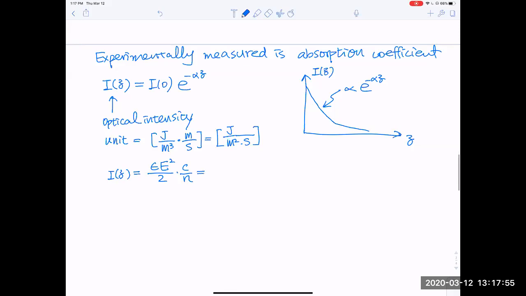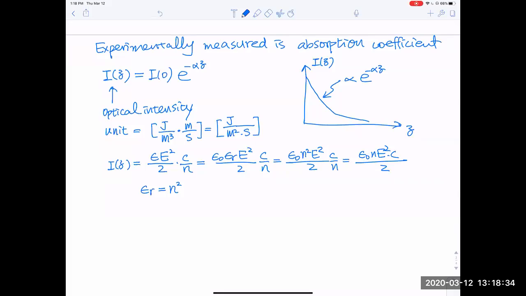Epsilon is epsilon 0 epsilon R, so it is epsilon E squared divided by 2 times C over n. For optical material, epsilon R, considering just the real part, is equal to n squared. Substituting, this becomes epsilon n squared E squared over 2 times C over n, or epsilon n E squared times C divided by 2. So this is I of Z.